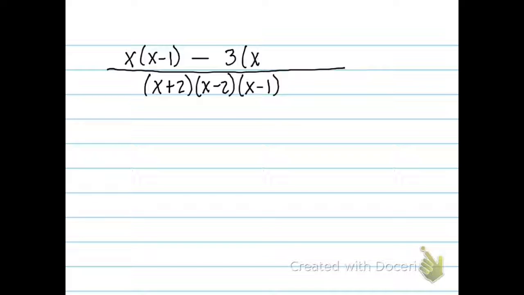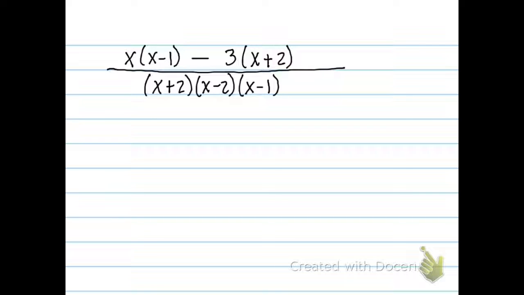And the reason I'm waiting to distribute what we have in the numerators is because it was subtraction, right? We need to make sure that we distribute that minus sign throughout what was the second numerator, right? And that's important when we're doing subtraction. So now I'm going to distribute.